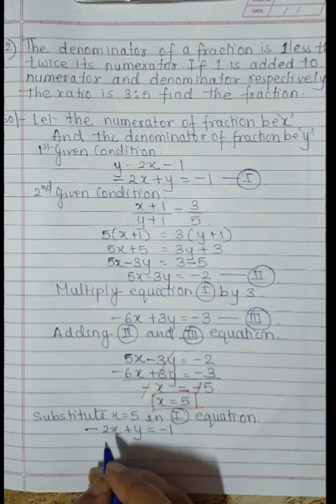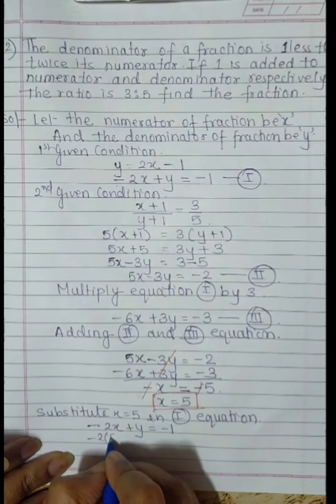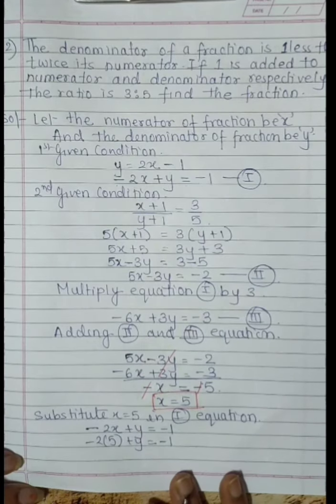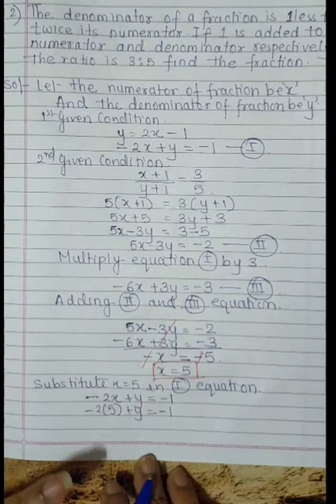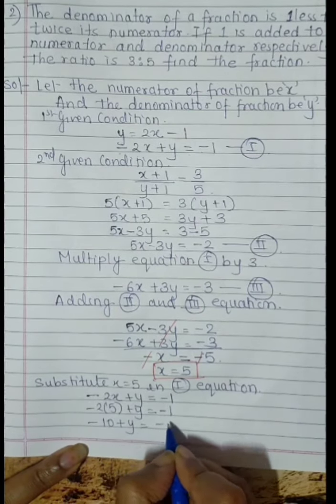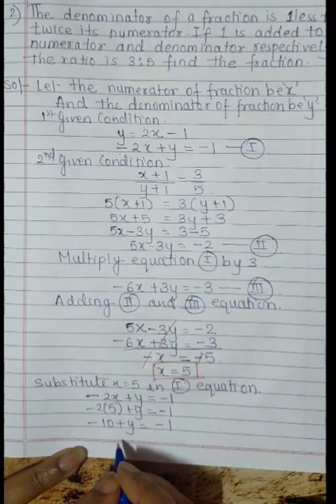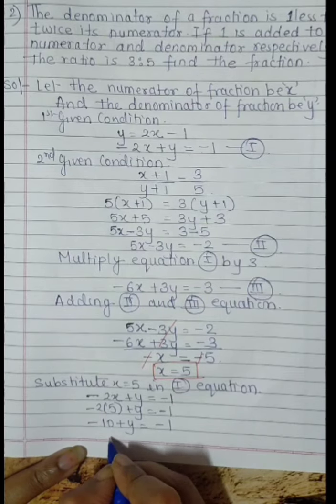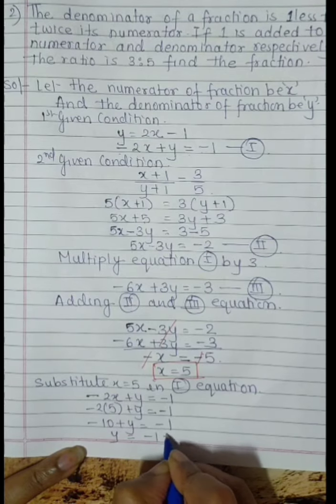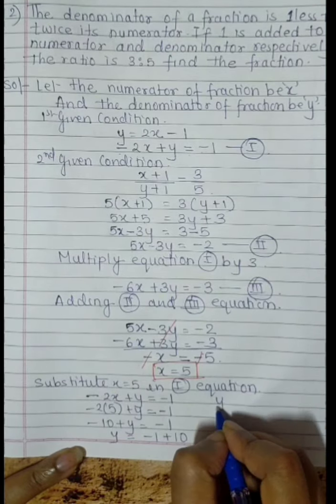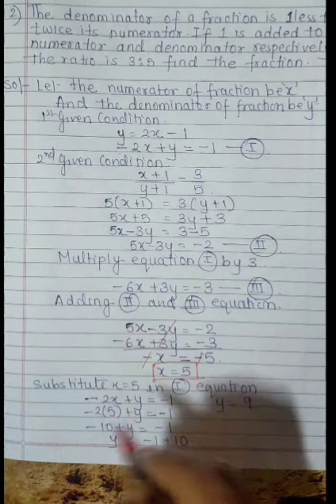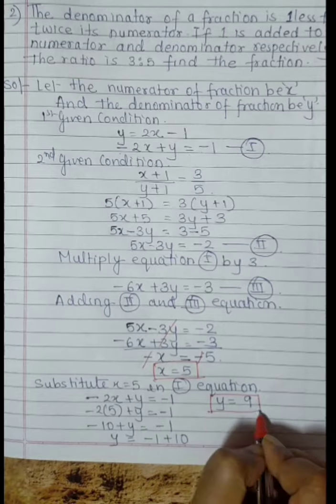Now in the place of x we write 5, so minus 2 times 5 plus y equal to minus 1. Now here minus 10 plus y equal to minus 1. Again, y is equal to minus 1 plus 10. Then we get y is equal to 9. Okay, we got y is equal to 9.